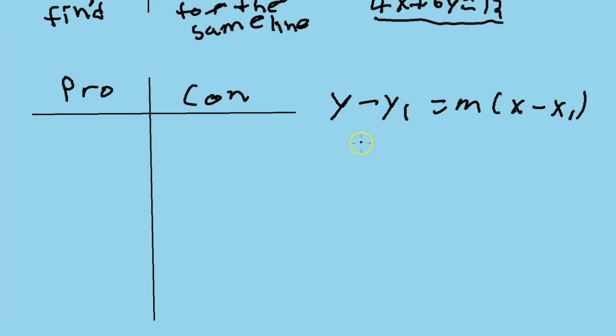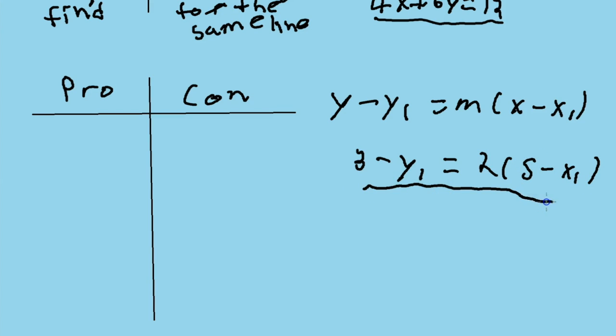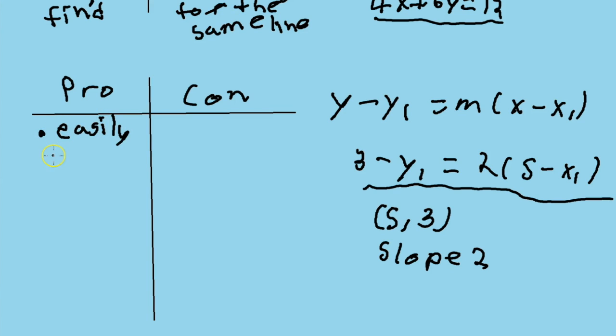For example, an equation in point slope form would look like this: y minus 3 equals 2 times x minus 5. We automatically get provided with a point, which is (5, 3), and we get provided with the slope, which is 2. So we can easily find the slope and point. Hence the name, point slope form.